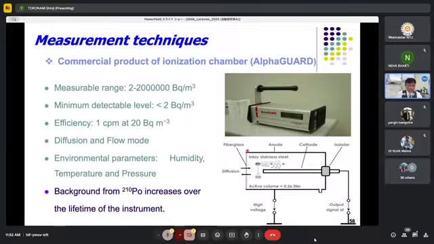And this monitor also can measure the relative humidity, temperature, and atmospheric pressure. As a drawback, background from polonium-210 increases over the lifetime of the instrument.